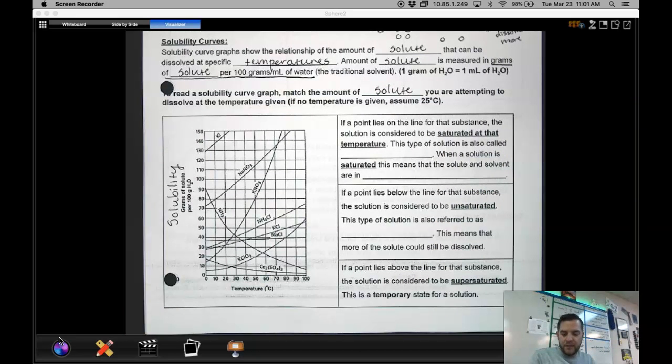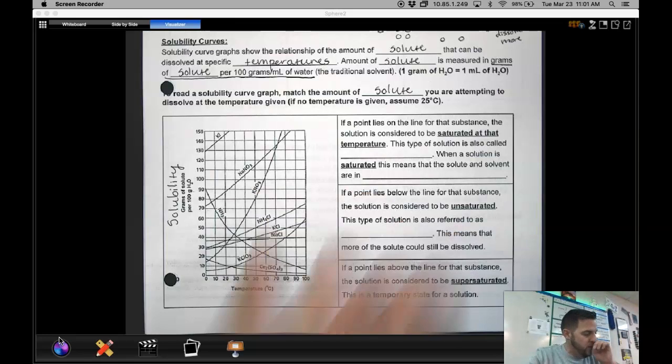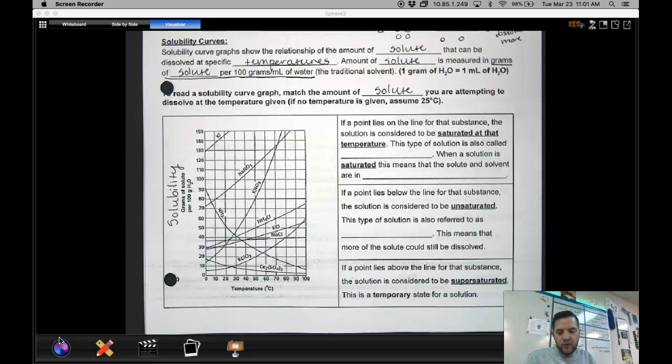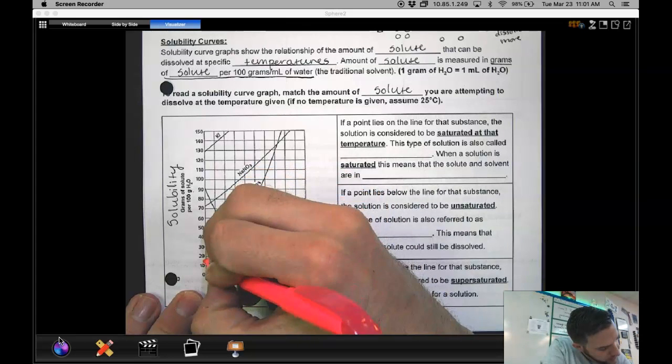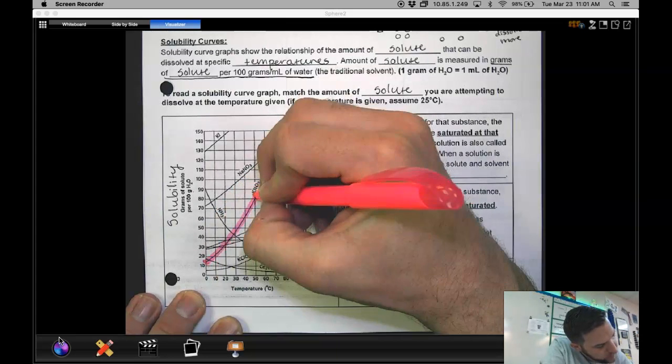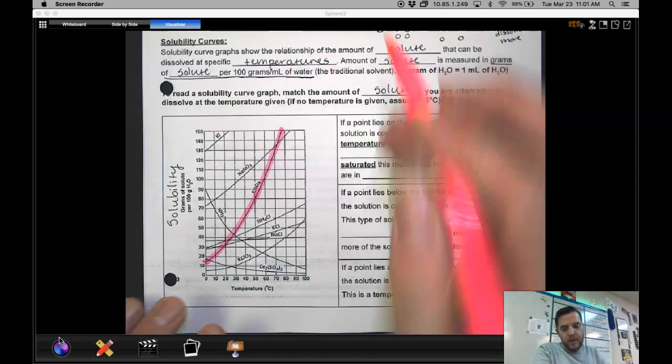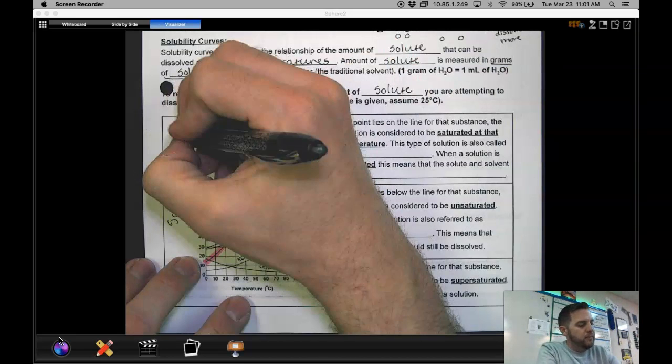So when I'm looking at this, let's just look at this and let's base it on KNO3. So for KNO3, I'm going to highlight that line pink. Okay, so we're just working with KNO3.